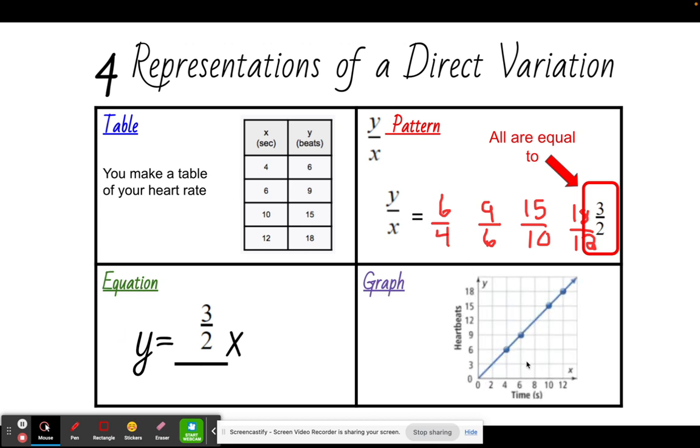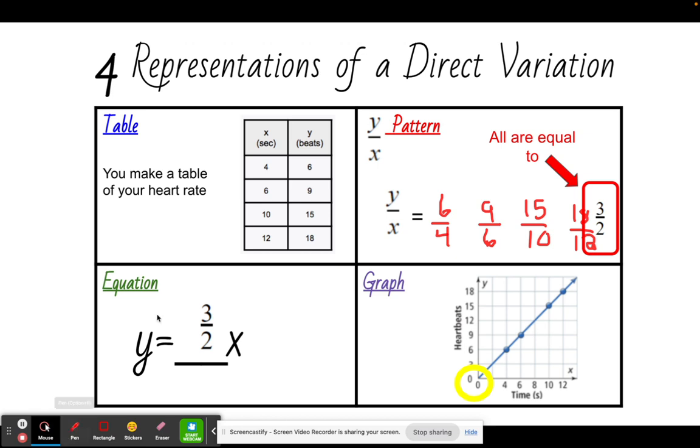So if I graph this, it would look like this, and I would notice that it goes through 0, 0. You can see if I went up 3 over 2, I'm here. That's on my line. Up 3 over 2, up 3 over 2. This is counted by 3's on my y-axis and 2's on my x-axis.